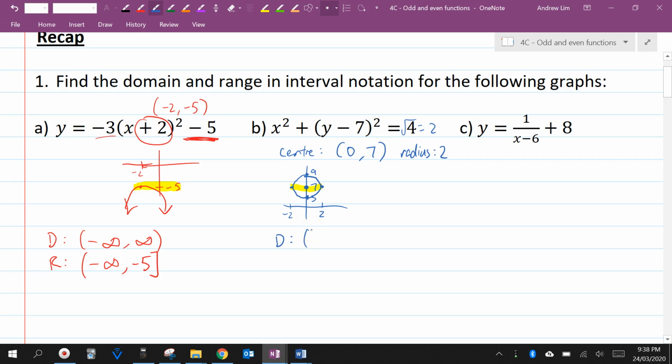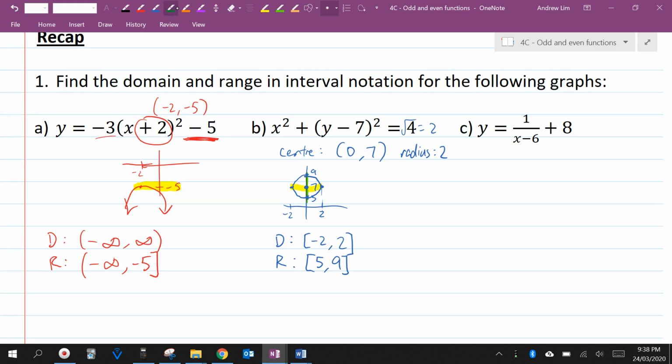Oh, sorry, we don't use curved brackets because it includes the minus 2. We use square brackets. And because it includes this 2 here, we use square brackets. Range is from 5 to 9. And we use square brackets for both because it includes the 5 and the 9.